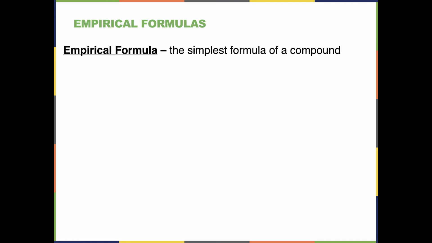Now, an empiric formula: a couple of weeks ago I told you the empiric formula is the simplest formula of a compound. How do you go about calculating the empiric formula if you're given percentage composition?